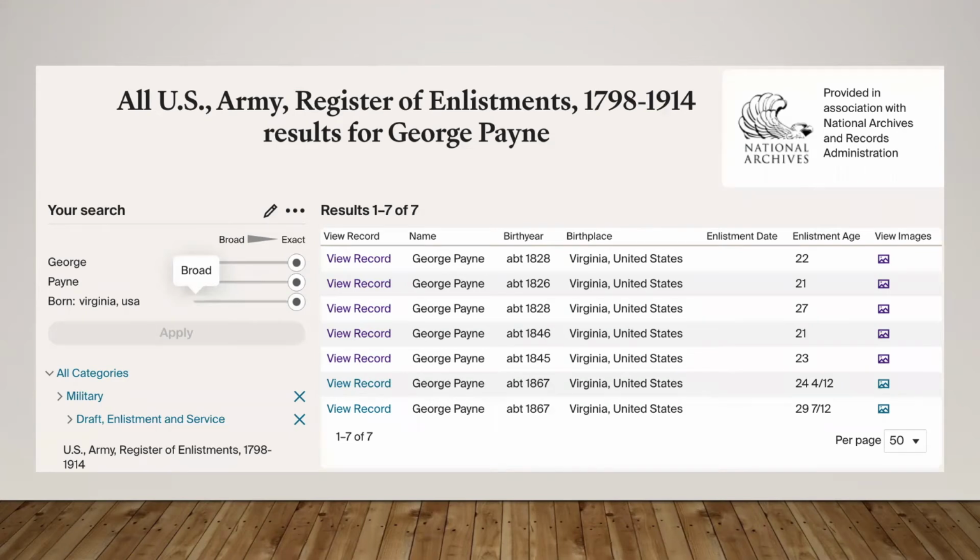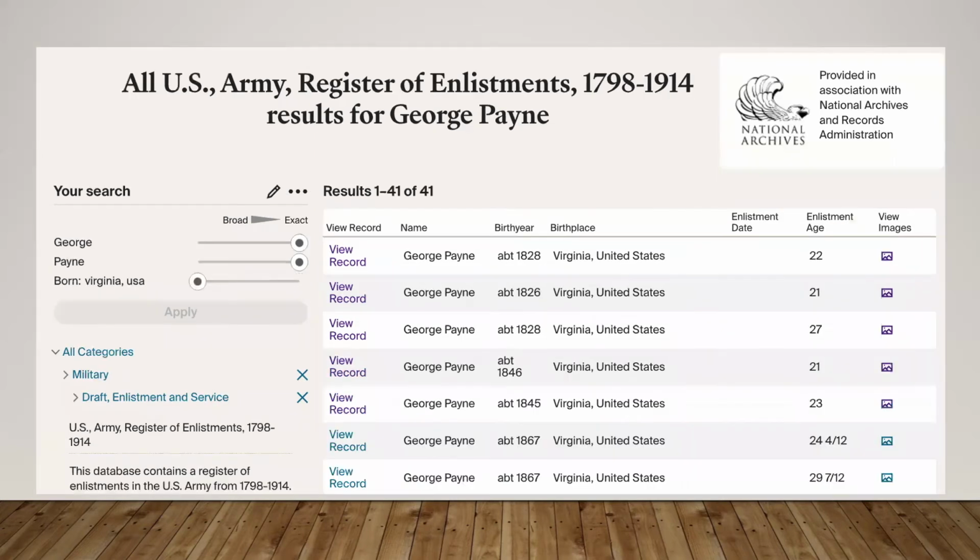So these top 3, the ones that say 28, one says 26, of course, these are the ones we're going to look at, because one of these must be George Payne, or should be George Payne. The others, the 1846 to 1867s, they're born too late. Now, if I hadn't included Virginia, I would have gotten a lot more results. I would have gotten 41 instead of that 7.